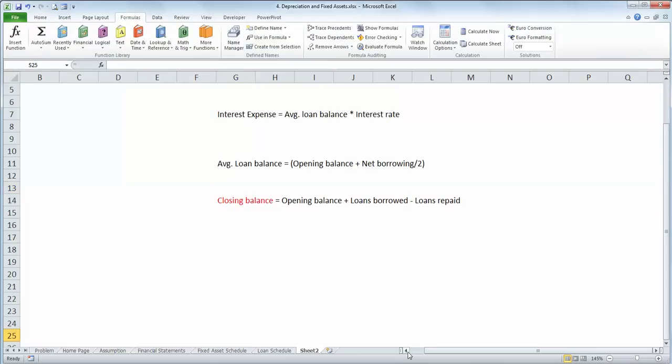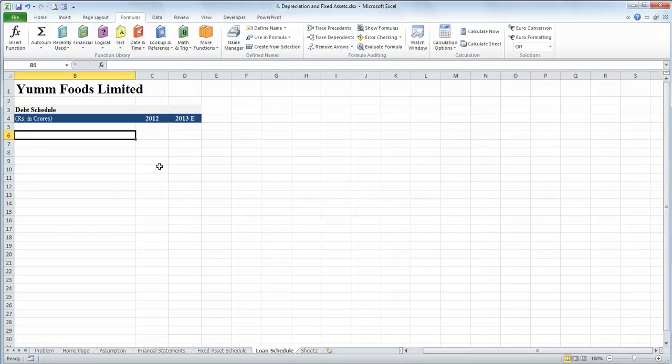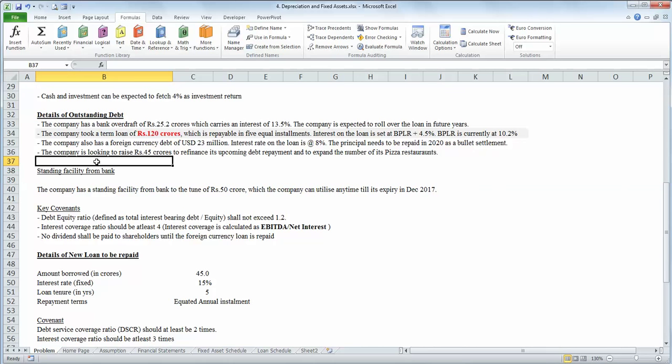So with this understanding, let us develop a loan schedule, or what we call the debt schedule. Building a loan schedule or debt schedule is not very straightforward. The reason being, the company has 4 different types of loans with 4 different repayment options as well as different interest rates.